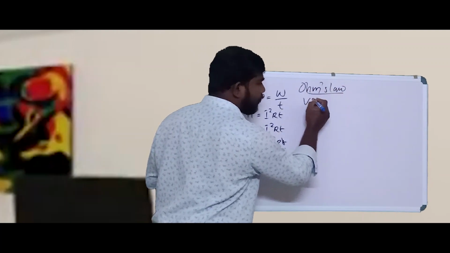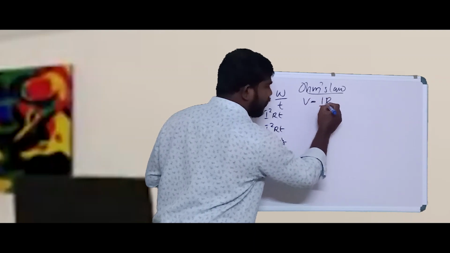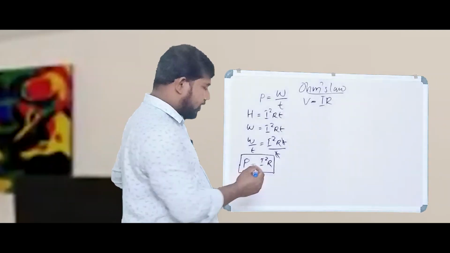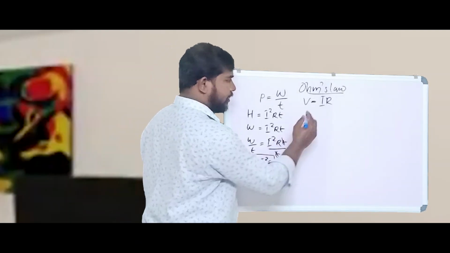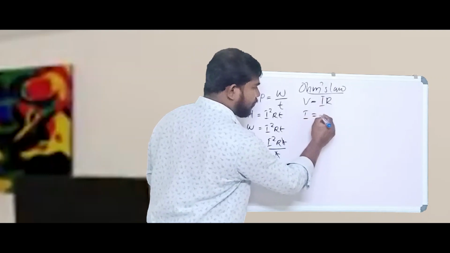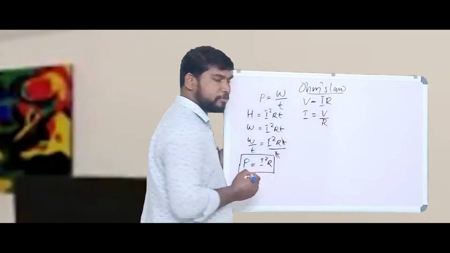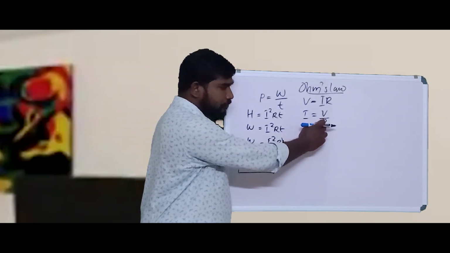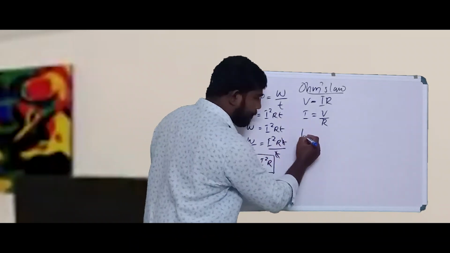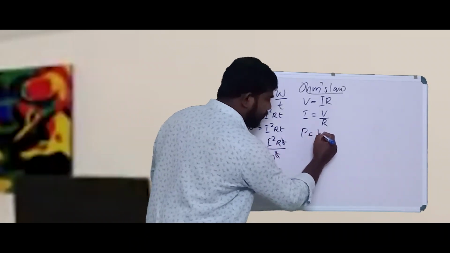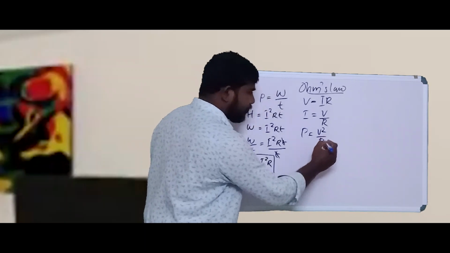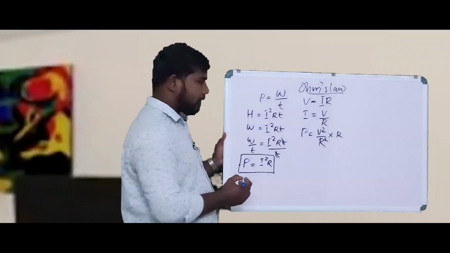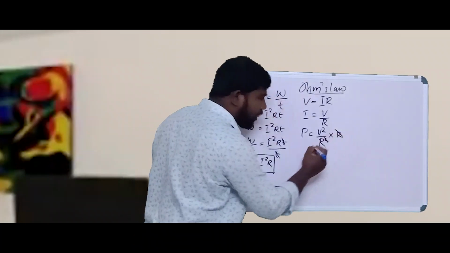According to Ohm's law, V is equal to I into R. So we can write I is equal to V divided by R. For I square, we substitute V by R. Then we get P is equal to V square by R square into R. This square and this R will cancel.